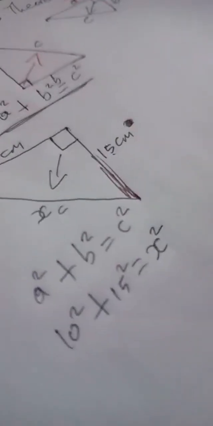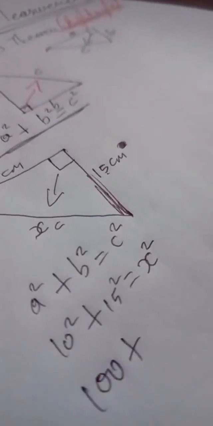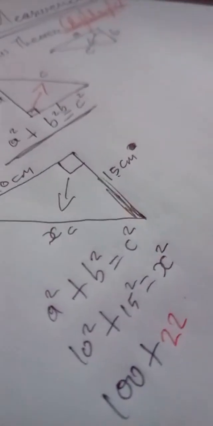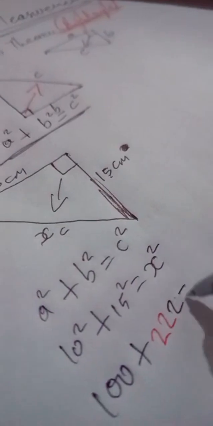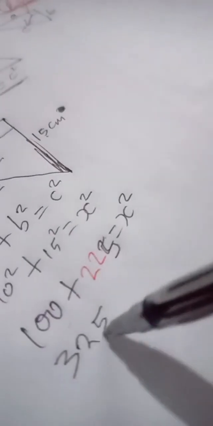All right. So 10 squared is 100 plus, which is equal to x squared. So now we have 325 is equal to x squared.